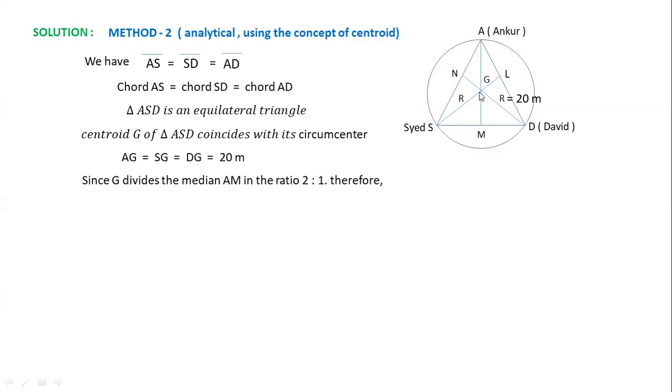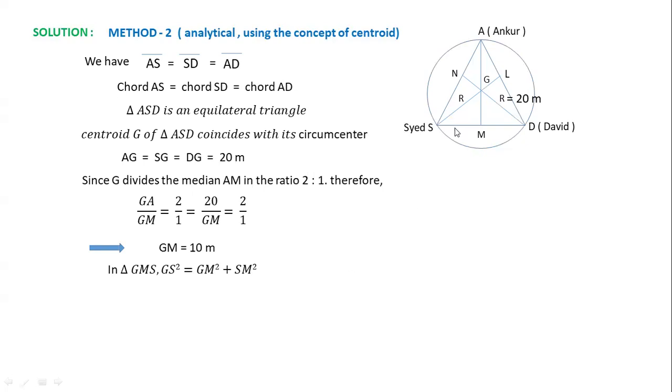That means AG upon GM should be 2/1. But AG is nothing but the radius, which is 20, and GM we have to find. So 20 upon GM is equal to 2/1. So GM will be 10. This implies that GM is 10 meters. So this is 10 meters.